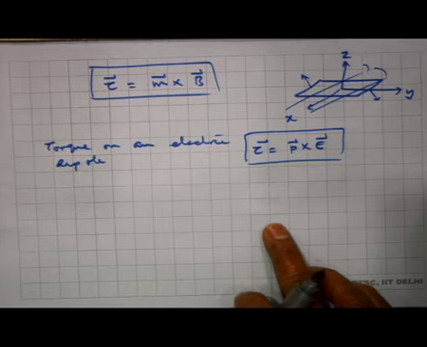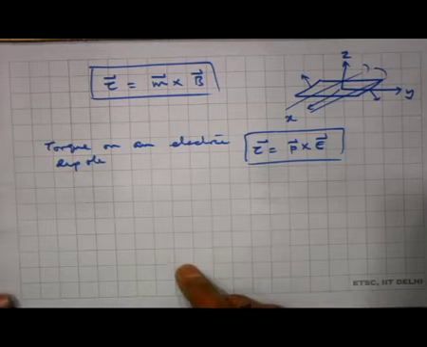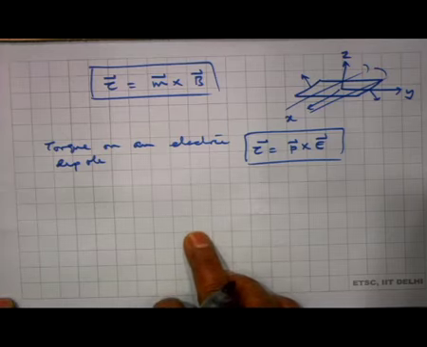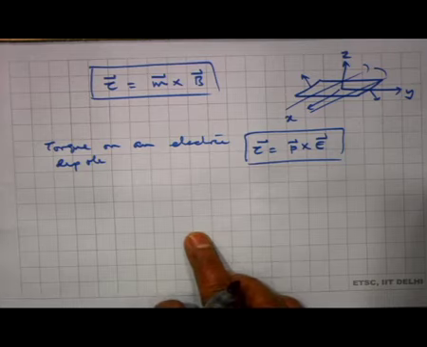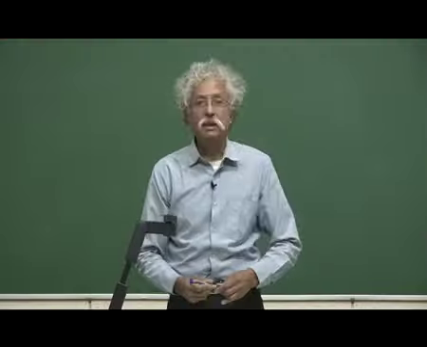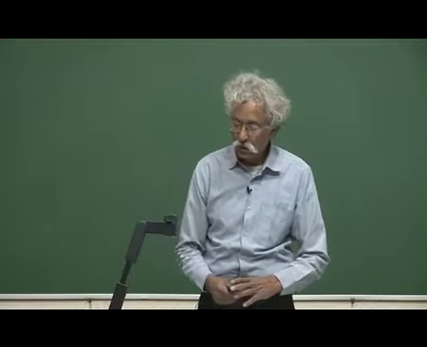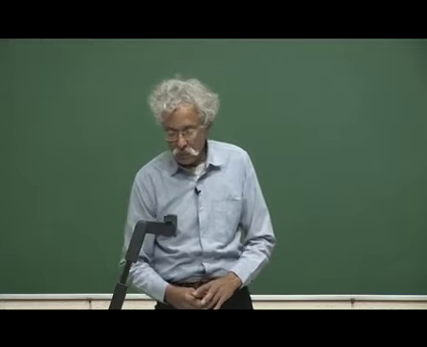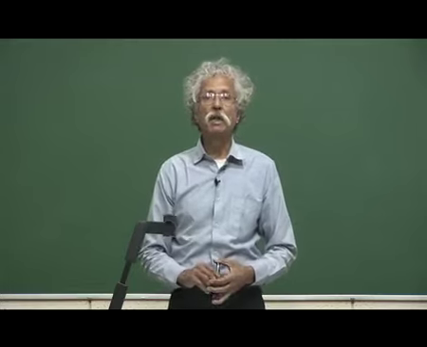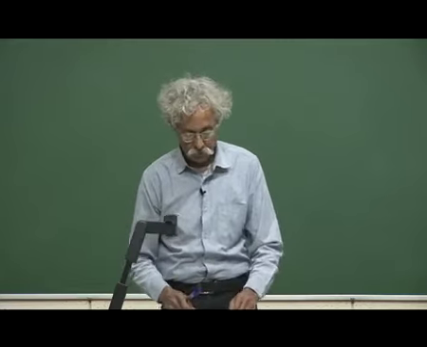So, the magnetic field tends to align the dipoles along the direction of the magnetic field, so that the torque becomes 0. In fact, when M is anti-parallel to B also torque is 0, but M parallel to B is a stable equilibrium position, the opposite direction is an unstable equilibrium position. So, you can work it out to show that when M and B are parallel you have a stable position, when M and B are anti-parallel you have an unstable position of equilibrium.